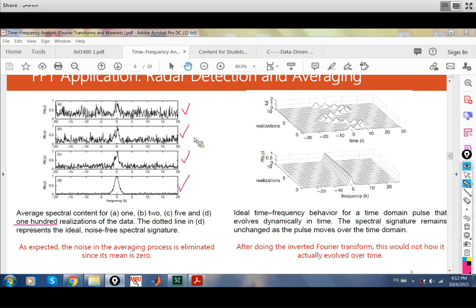But in contrast to this example on the left, consider this figure, right upper. We have many signals in time and the shape of this.